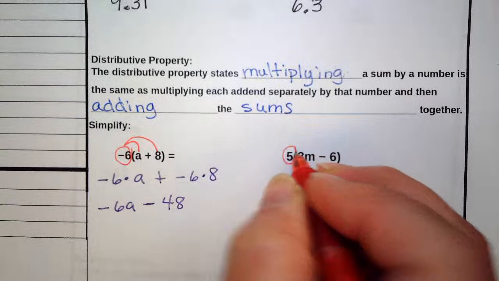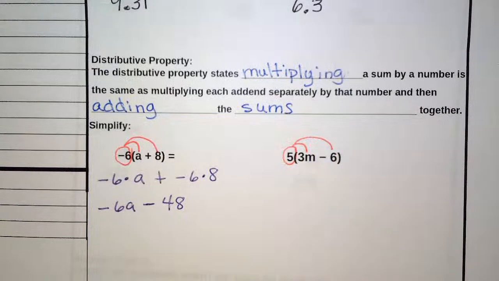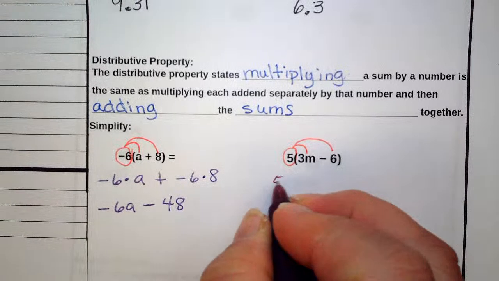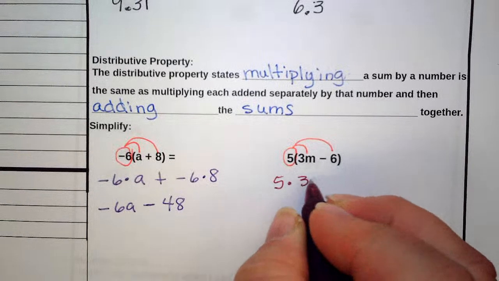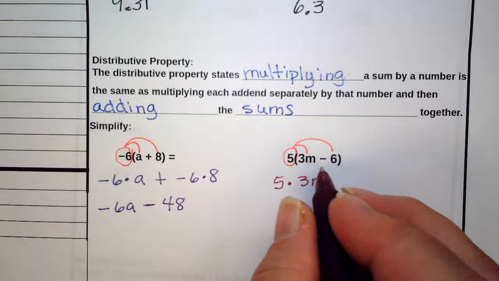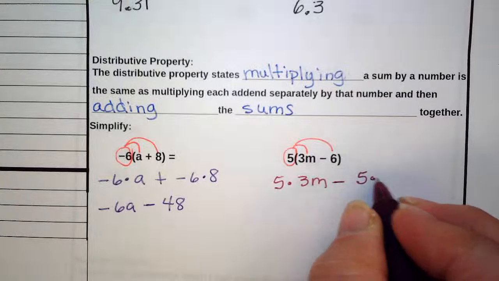This time we've got a 5 on the outside. It's got to multiply everything on the inside. So we end up with 5 times 3m, bring your minus down, minus 5 times 6.